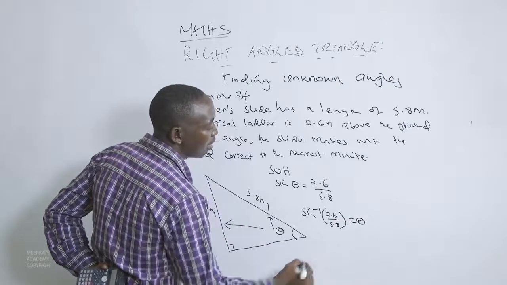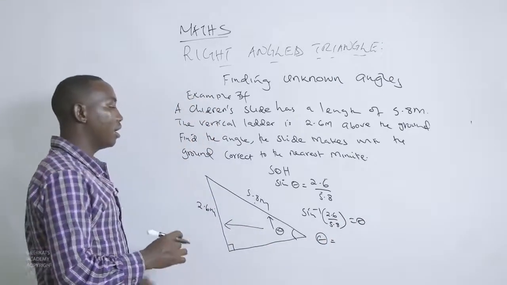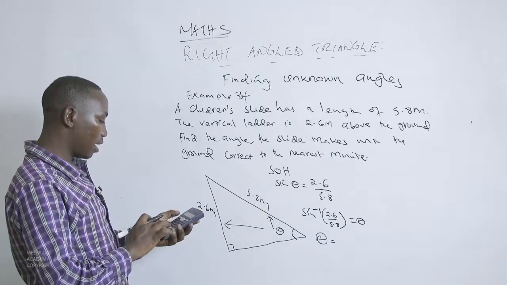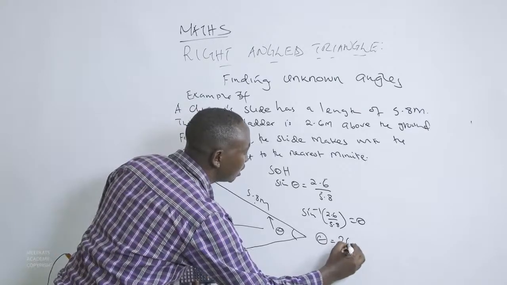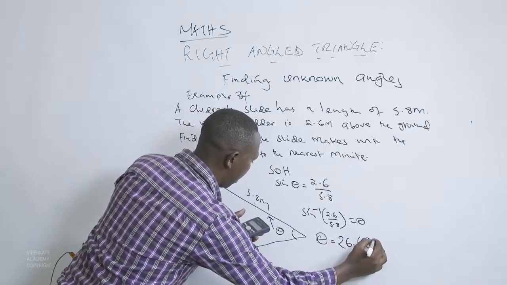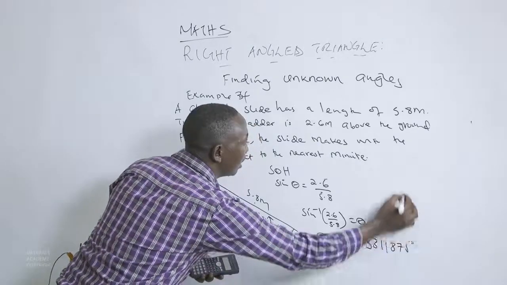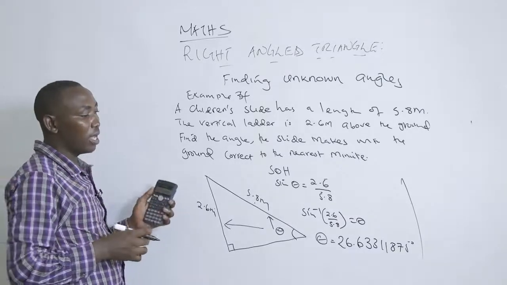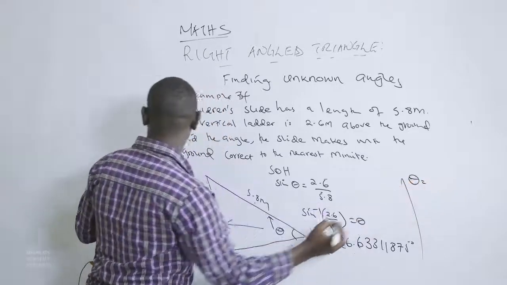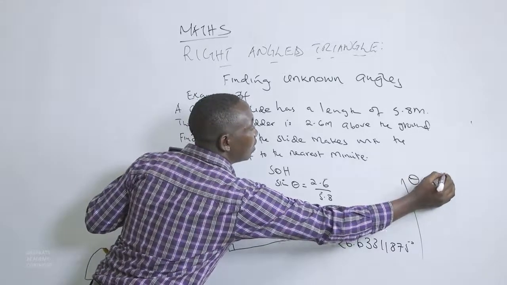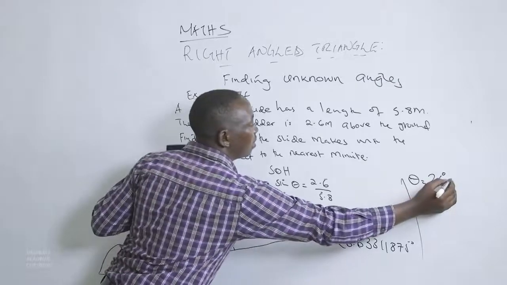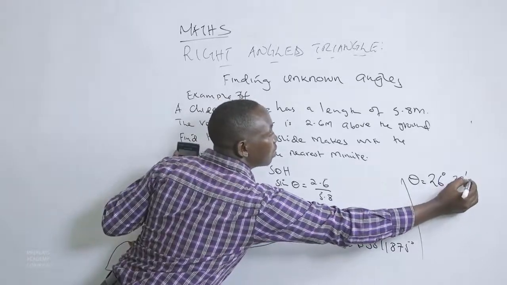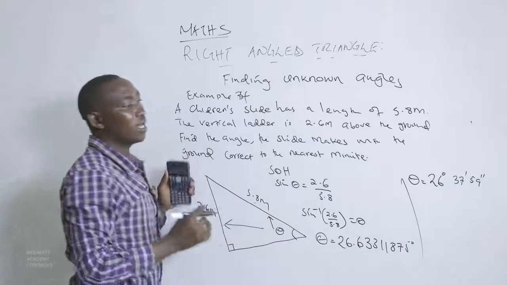It will give us the angle theta. That means that the angle theta shall be the sine inverse of 2.6 divided by 5.8, and the answer shall be 26.63311875 degrees. But when you use the degree mode, it will give us that theta is equal to 26 degrees, 37 minutes, and 59 seconds.